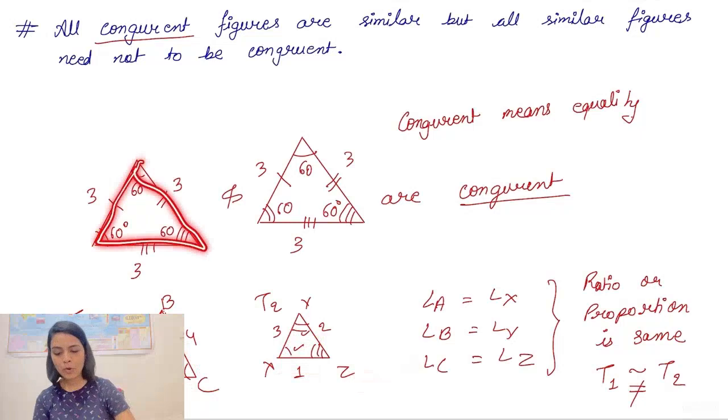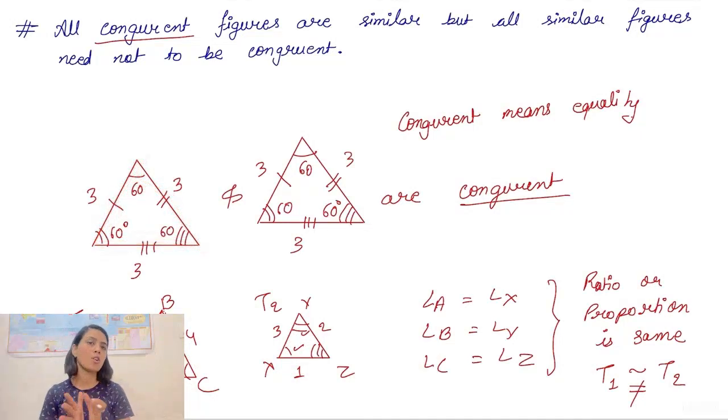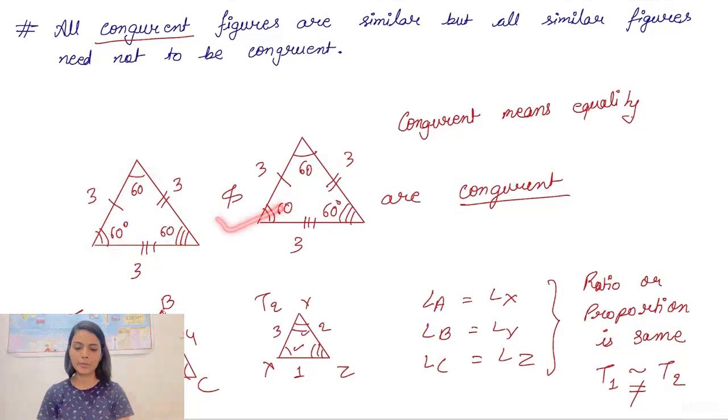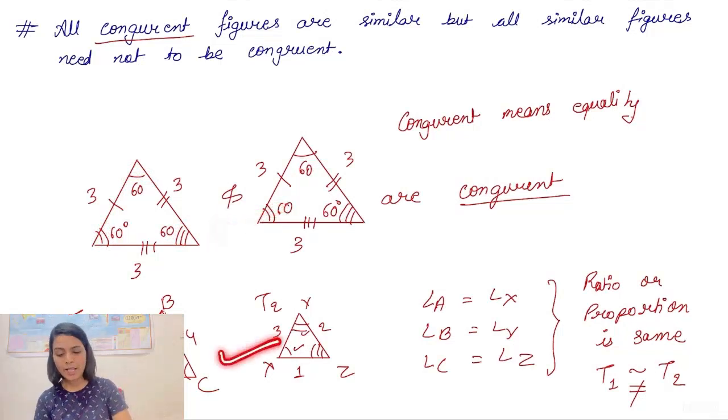In all the congruent triangles, we see that all three sides are equal and all three angles are equal. That means it is congruent, but it is also similar. But in this case we can see that it is similar but not congruent.